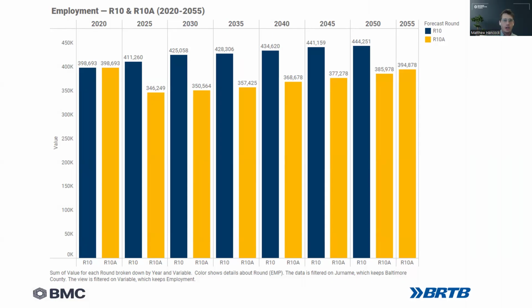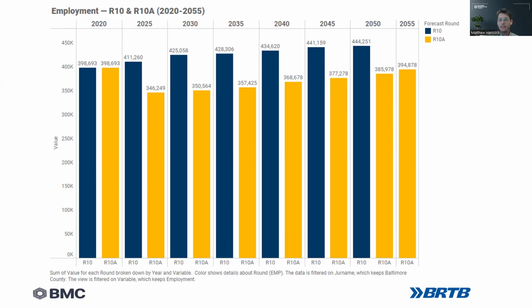So for this adjustment here in employment, again, the figure for 2025 was reduced relative to round 10 for overall employment. So this 346,249 for 2025 is significantly closer to what we have for our employment estimates that we receive. So again, this is a well-supported adjustment, and I think represents expected employment growth more accurately relative to round 10, but it does show reductions whenever compared to it.